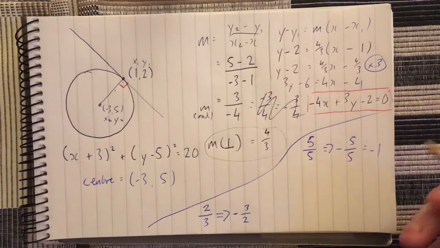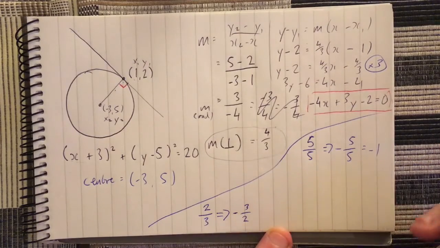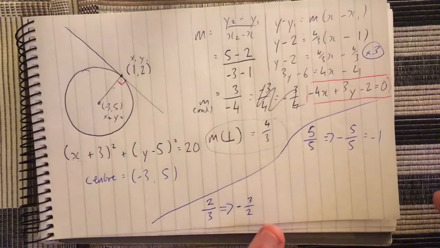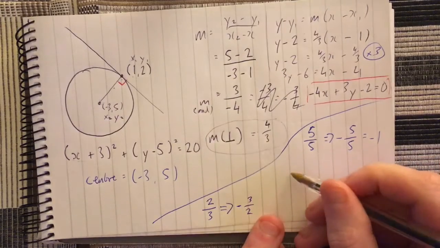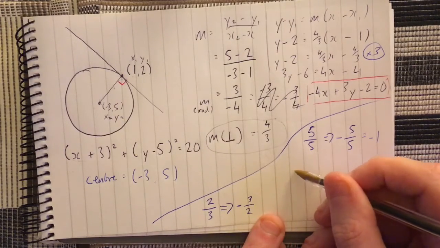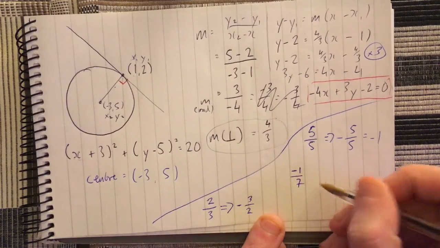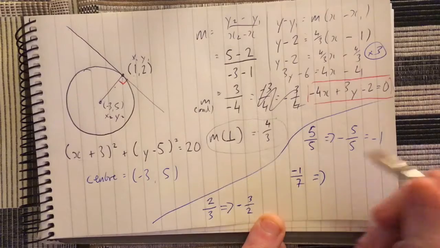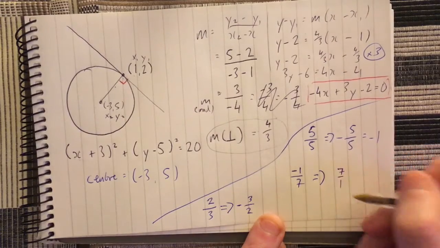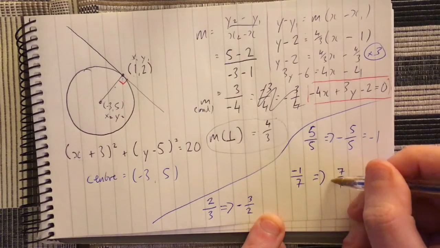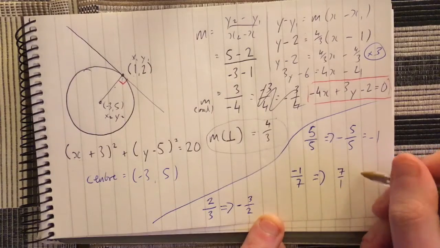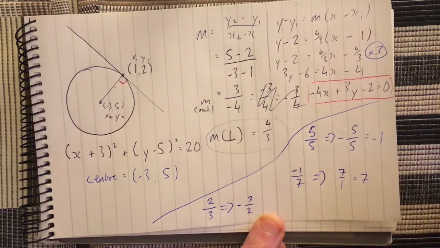All right. Like let's say the slope of your radius, the first thing you get, is minus 1 over 7. Well, then flipping that would be 7 over 1, and changing the sign would be plus 7 over 1. And 7 over 1 is just 7.